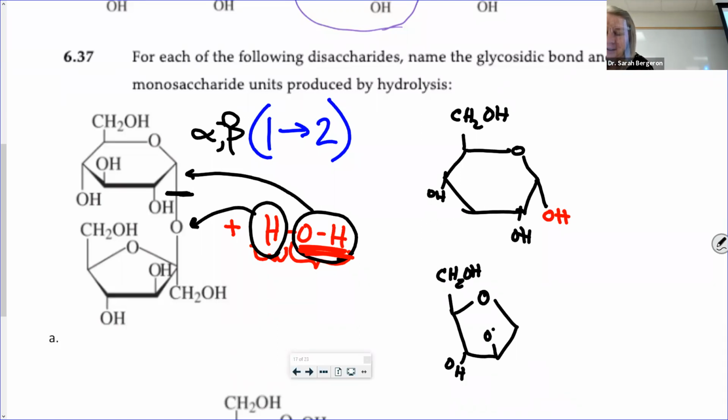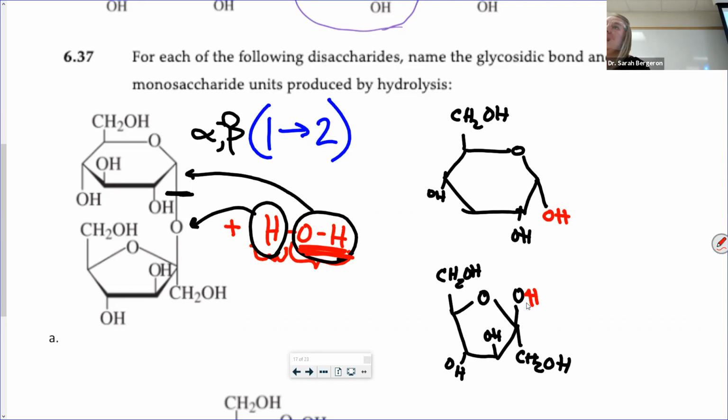I didn't see it. OH, and I need a CH2OH. Okay, now, what do I need to add here? Not just a hydrogen. I need to add the hydrogen, but don't forget this one. You already had an oxygen there.